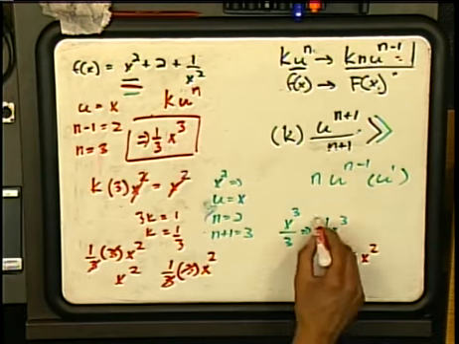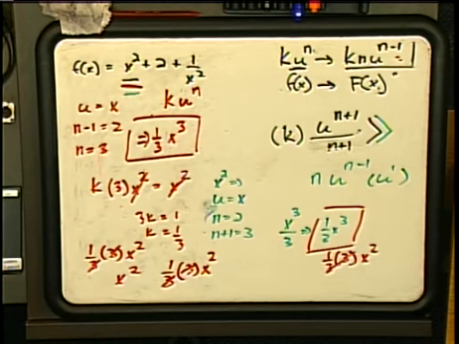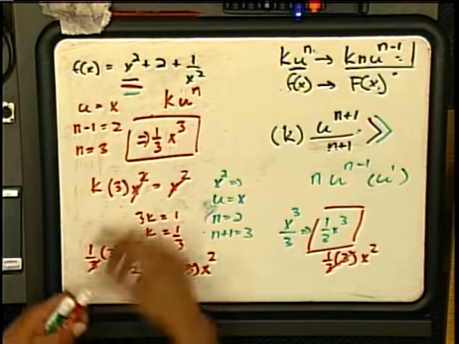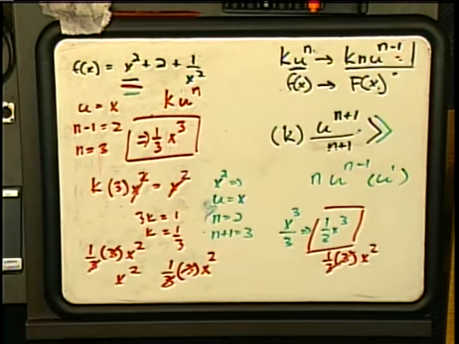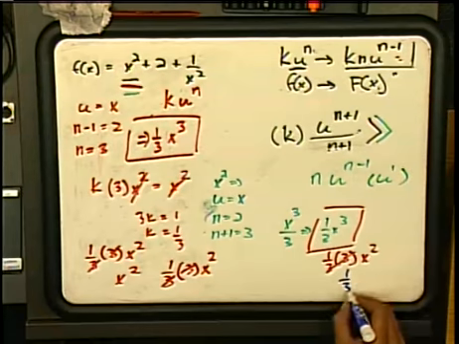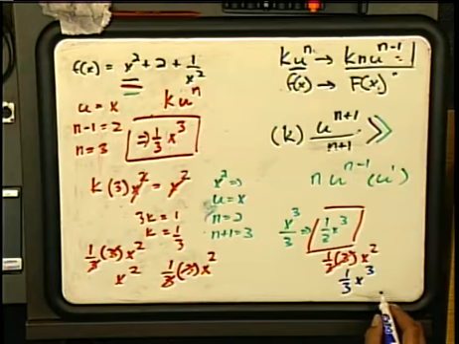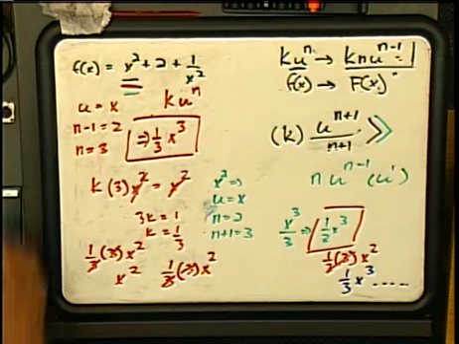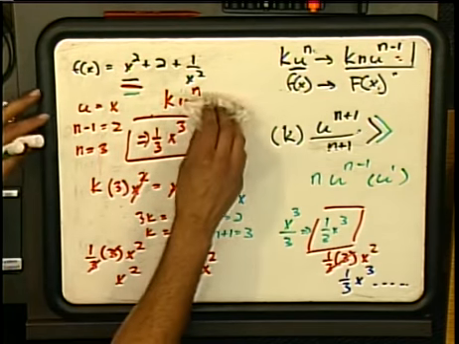And we got the same thing over here, 1/3 x to the third. That's just that first part of the problem. So that 1/3 x to the third. I'm going to erase all this.